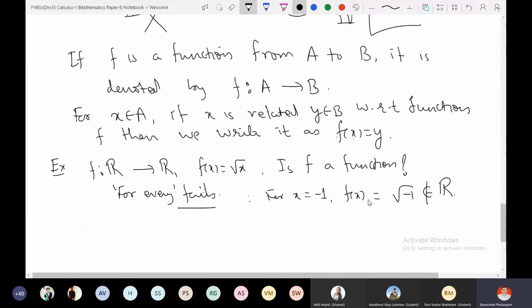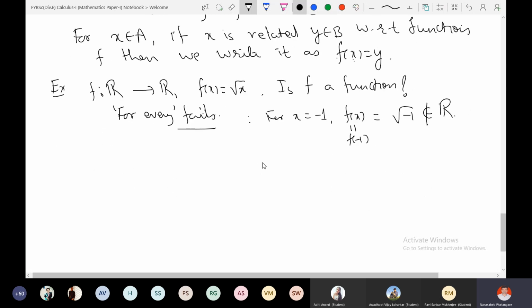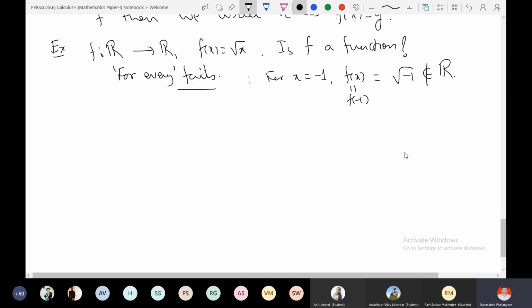But for -1, f of -1 is not available in R. That means the corresponding element is not available with respect to this relation. So this is not a function.